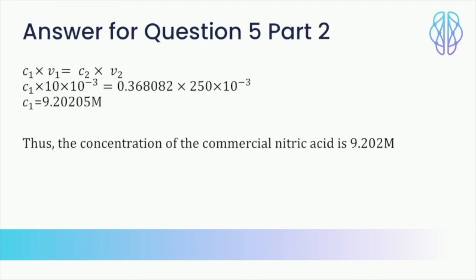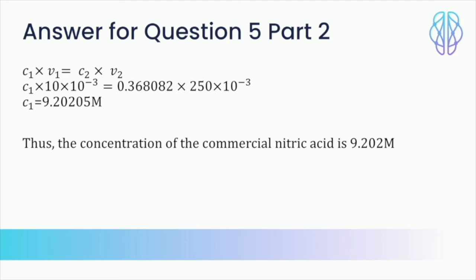Again, a pretty useful equation is C1 times V1 equals C2 times V2. You may be asking, why can we use that for a dilution? And essentially, in a dilution, the volume is changing. The actual number of moles of nitric acid, in this case, is not changing.